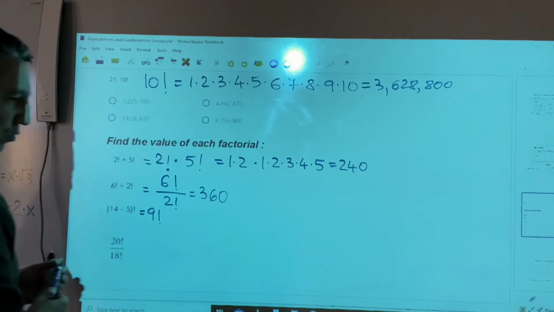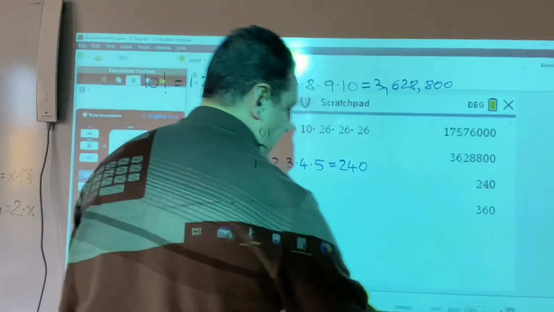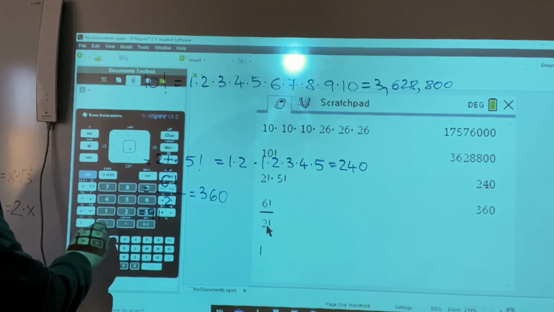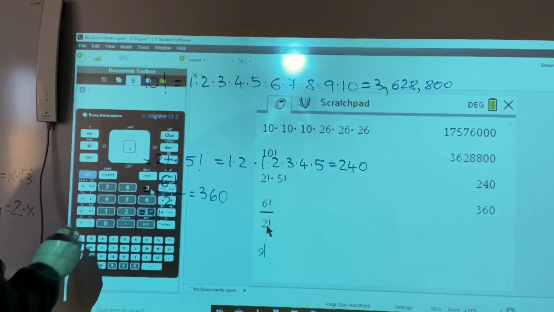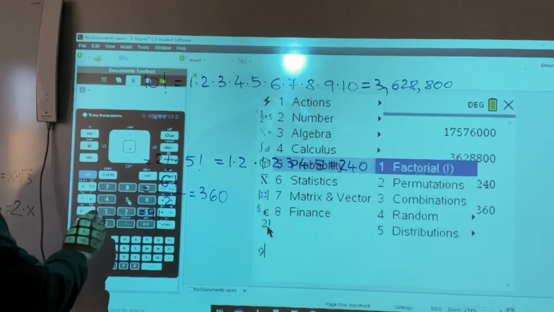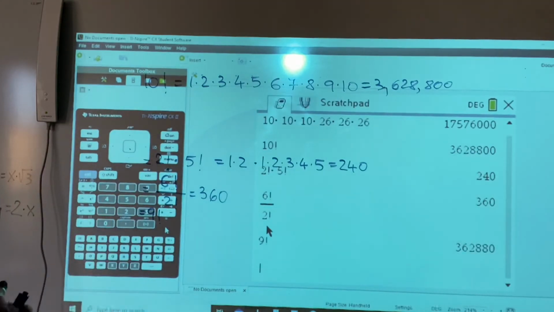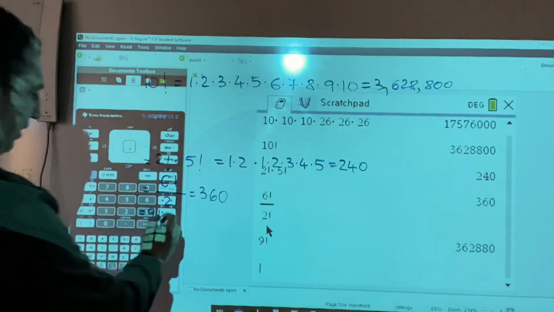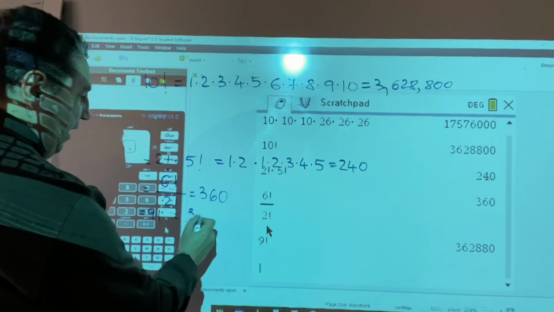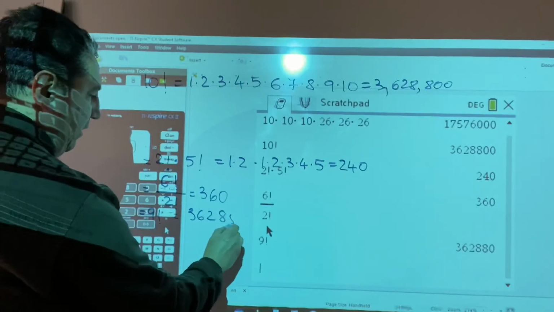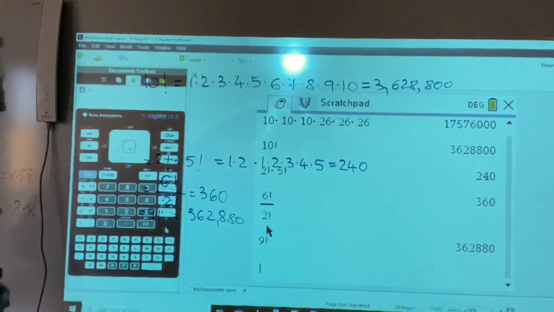Again, we simply find 9 factorial. So we type 9, then menu 5, 1, and hit enter. Again, it is a huge number, 362,880. Good.